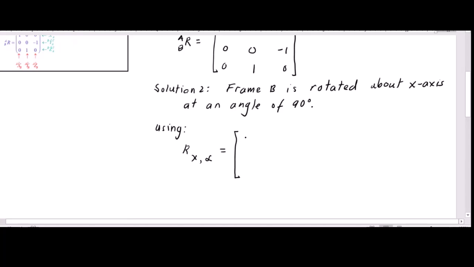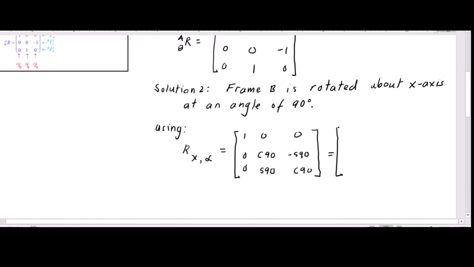In matrix form, you have here 1, 0, 0, and then 0, cosine of alpha, which is 90 degrees, and sine of 90 degrees. Then 0, minus sine of 90 degrees, and cosine of 90 degrees.